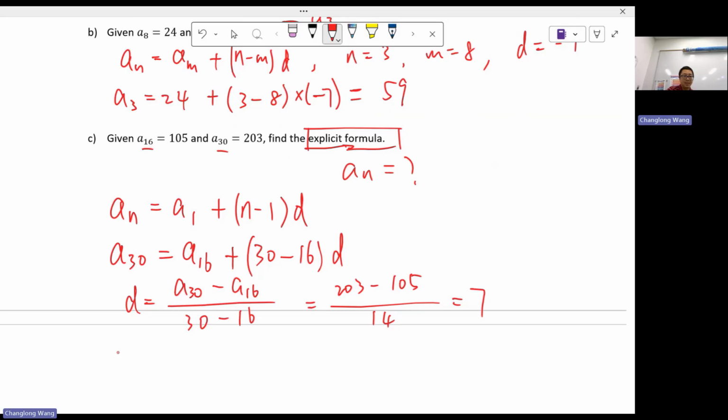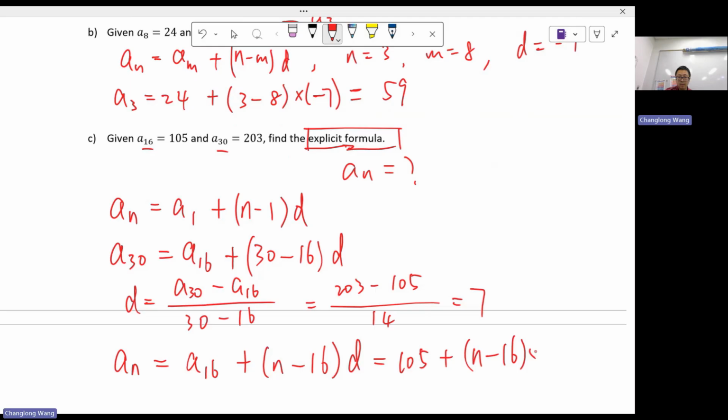So how about we start from a sub 16? a sub n is a sub 16 plus n minus 16 times the common difference d. a sub 16 is 105, plus n minus 16, times the common difference 7.